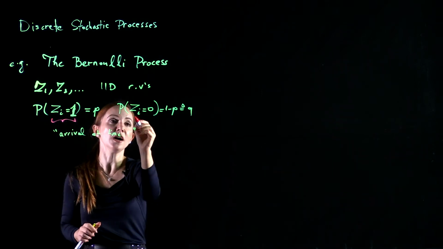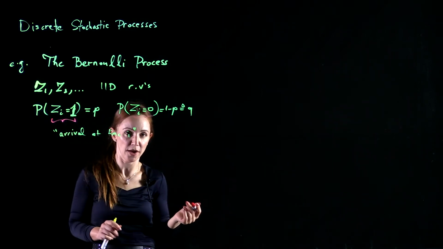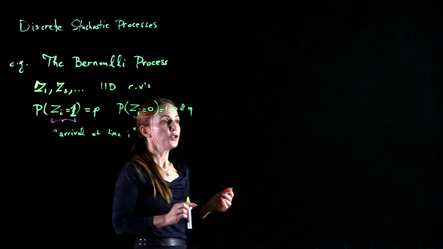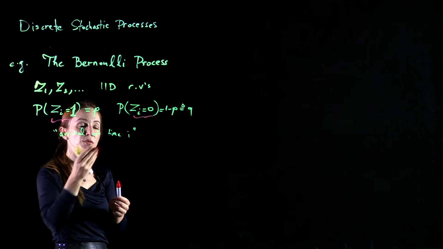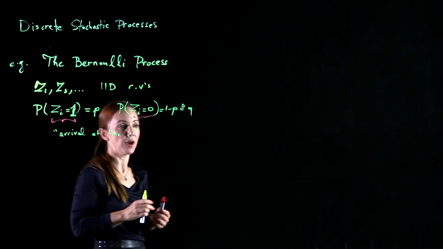And if Zi is 0, there's no arrival at time i. So with probability P, there's an arrival at time i. With probability Q, there's no arrival at time i.